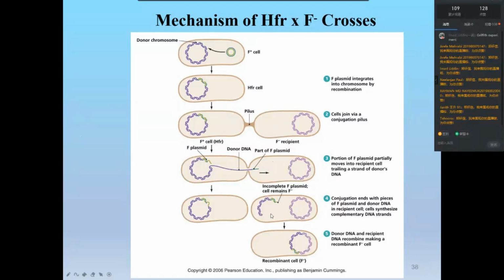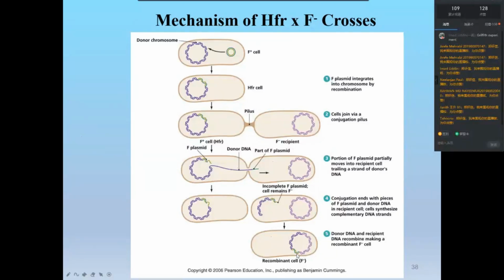And in this recipient cell, the DNA fragment can recombine into the chromosome to make changes on the chromosome. Usually it's not a complete F plasmid transferred. So in this situation, this recombinant cell is still F minus.